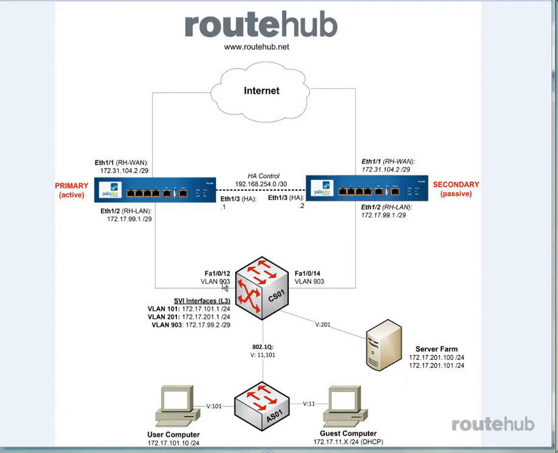So we basically moved that configuration and put it onto a VLAN interface, and then we assign this interface to 903. This is important because we also assign that to another port, port 14, which will connect up to the secondary firewall. Now you will see that the secondary firewall is using the same IP addresses here.